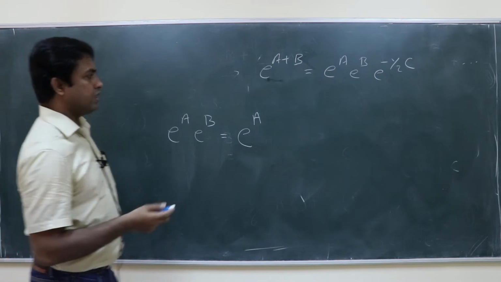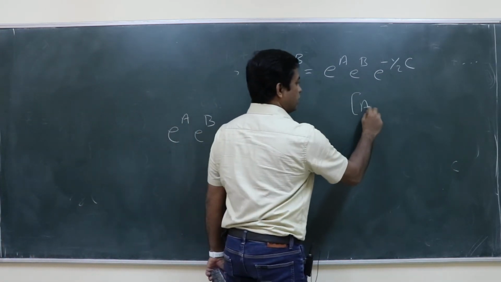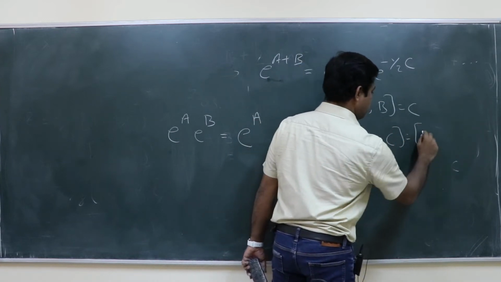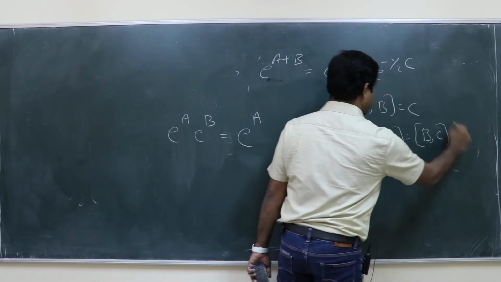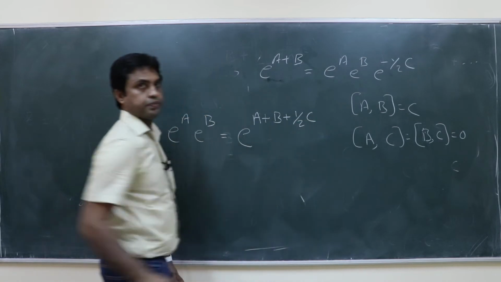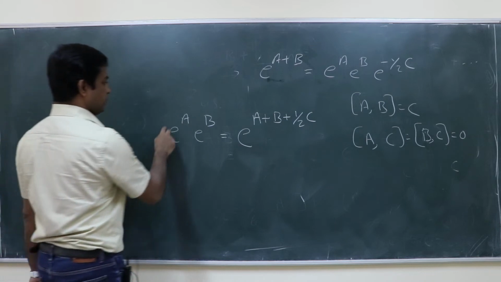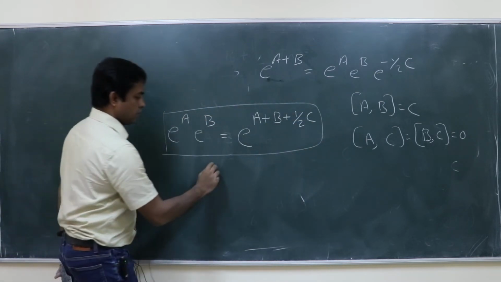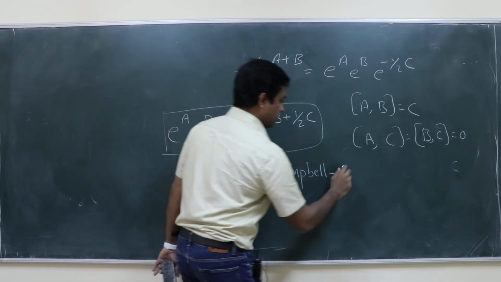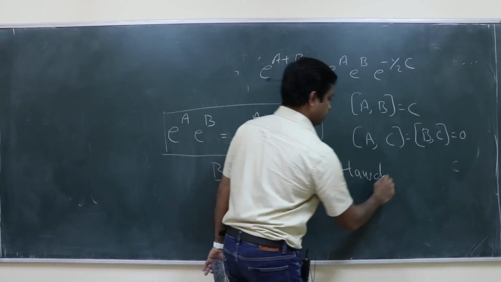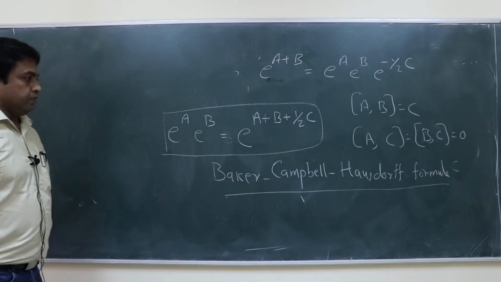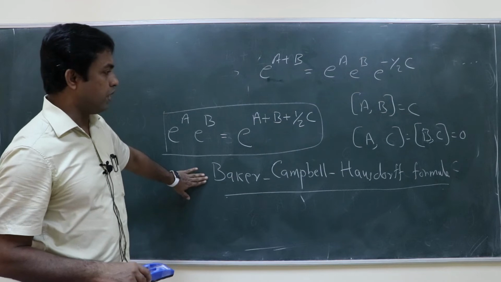Let us look at one special case there, that is, the commutator of A with B is C, and A commutes with C and B commutes with C. Then in that case this will be equal to e power A plus B plus 1 by 2 C. This is the Baker-Campbell-Hausdorff formula.